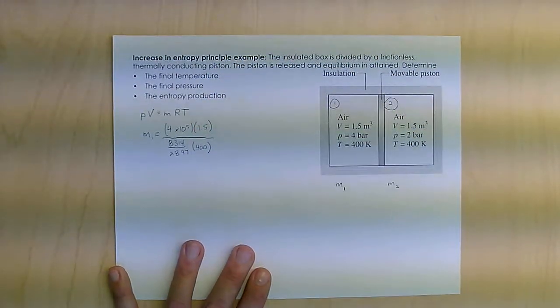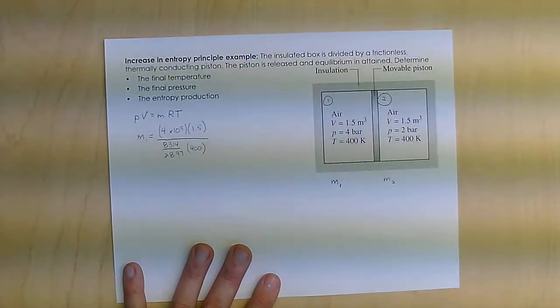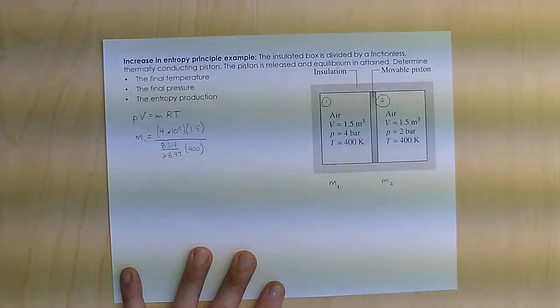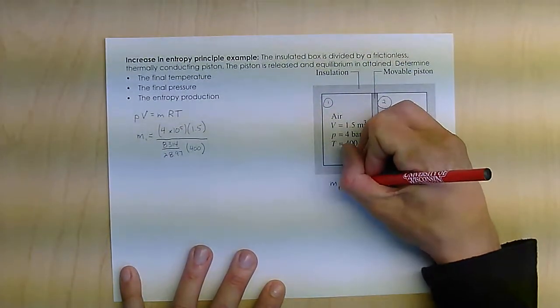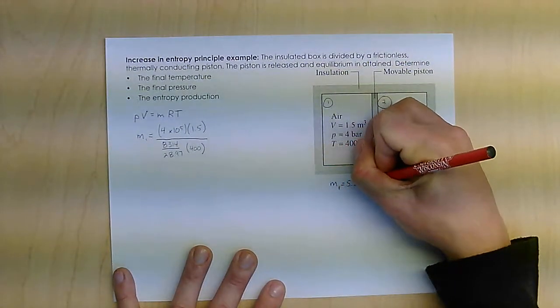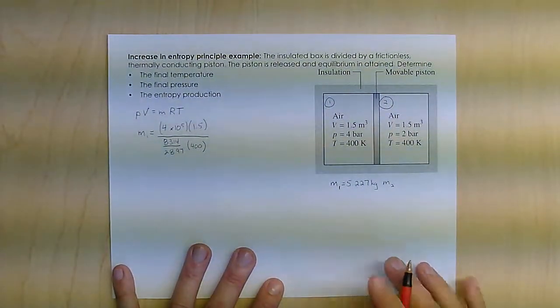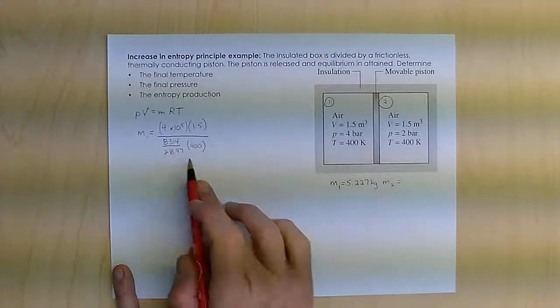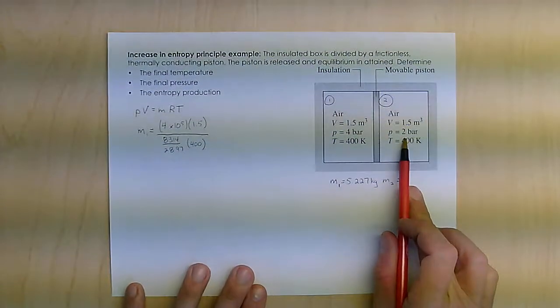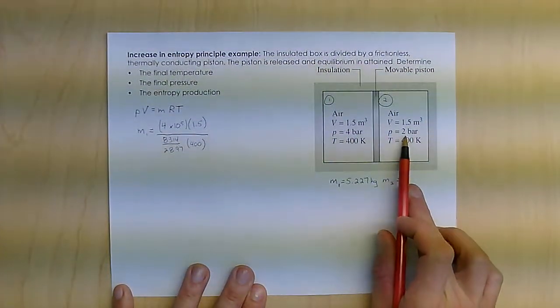From that I can find that m1 is 5.227 kilograms.